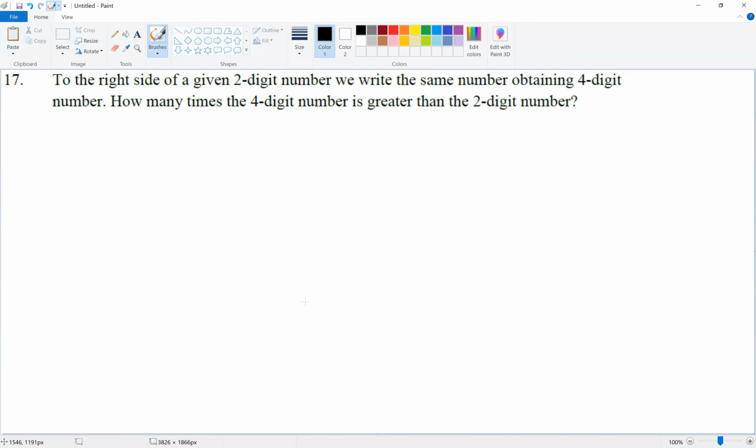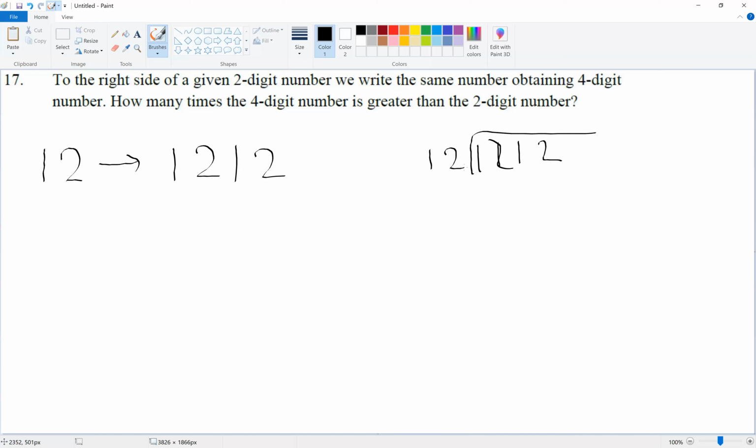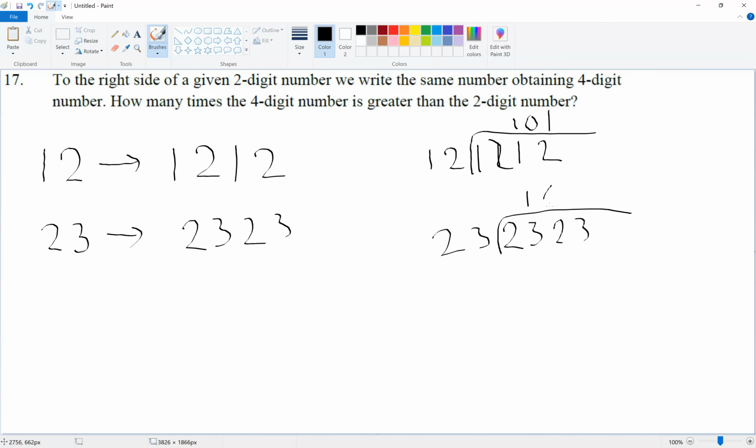That is correct. So if I take a number, this would be 1212. If you divide 1212 by 12, you would get 101. If I take another number, 2323, and divide 2323 by 23, you would still get 101.